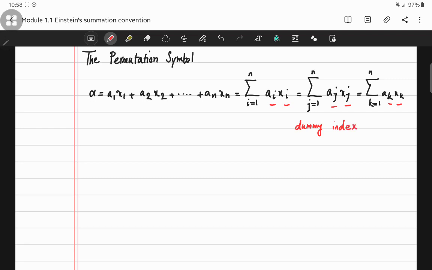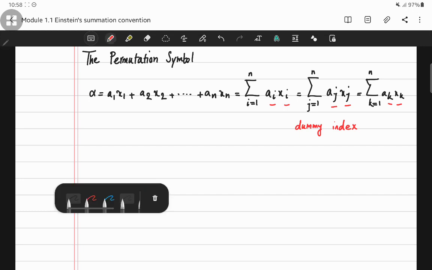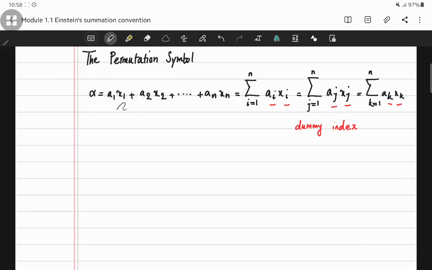So we call I, J, and K dummy index because they're simply a placeholder. They're just used to rewrite this summation in a shorter format. So we call them a dummy index.